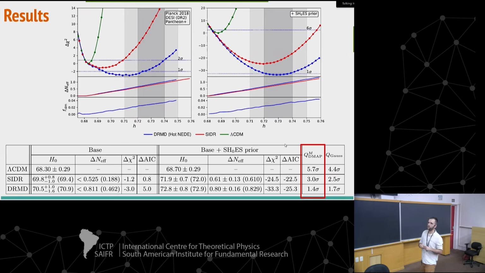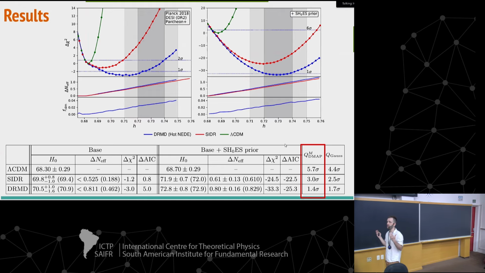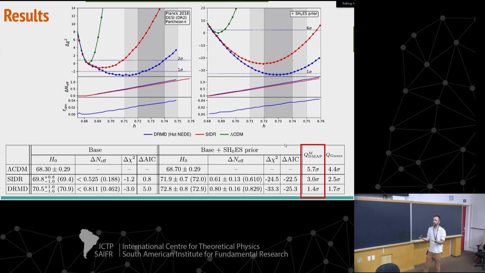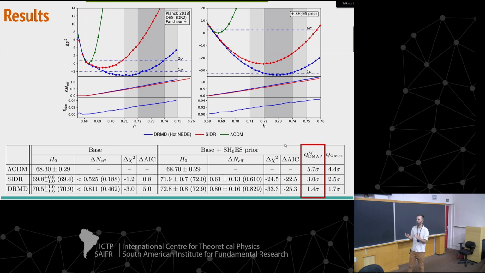Sorry, Henrique, is this like early dark energy models? This is quite similar to early dark energy in the sense that you have a phase transition, in the case that you have a scalar field that injects a lot of energy in the plasma. But it's different in the sense that this phase transition happens quite early. So the solution in this case is that you generate a dark radiation sector.